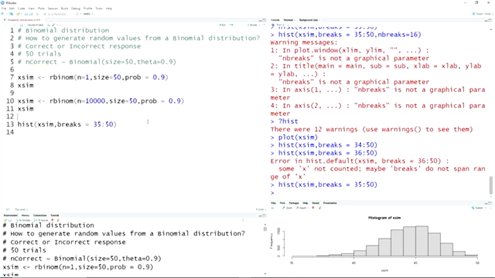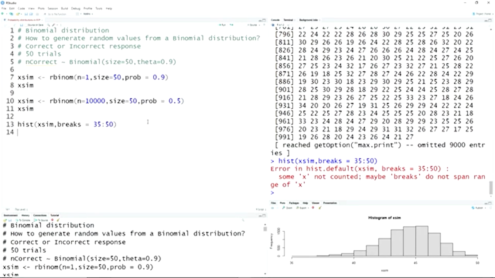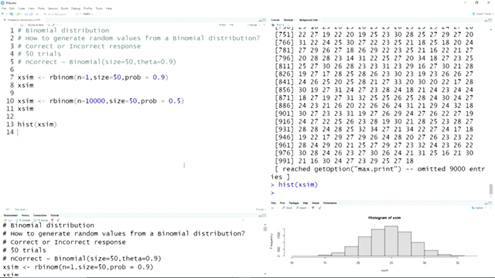What would change in this graph if the underlying probability is 0.5? Let's say you have a fair coin and you're tossing it 50 times and counting the number of heads. Let's see what happens. This is what you see.